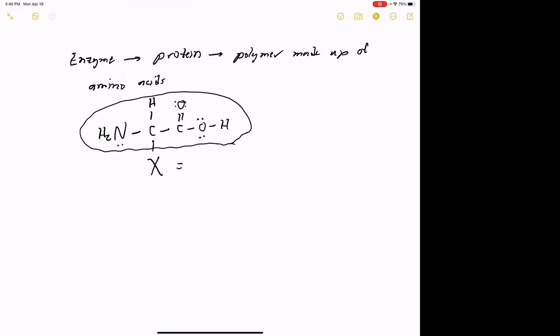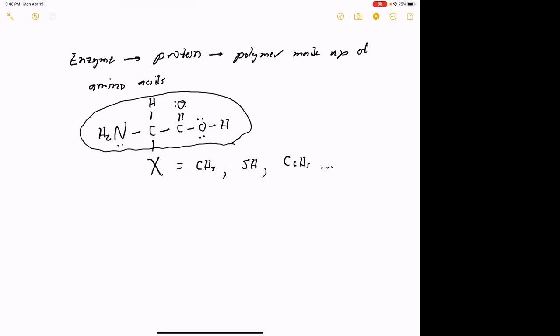Now, what can X equal? Well, X can equal a bunch of different things. There are a bunch of different what we call organic functional groups. We could have, for example, a methyl group, which is a CH3 hanging off of there. I could have a thiol, which is an SH hanging off of there. I could have a benzene ring, which is a C6H5. And the list goes on and on.